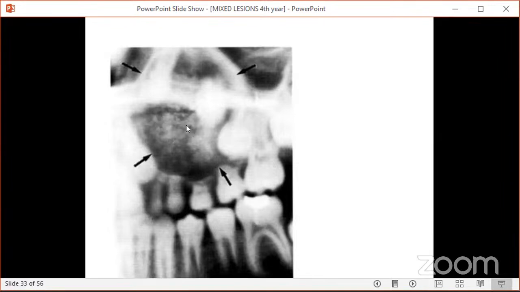And then you can see the developing premolars, which are found there within the lesion, and probably the lesion will cause the impaction of those teeth. We find a radiopacity within the lesion. Then we find a border which is sclerotic.